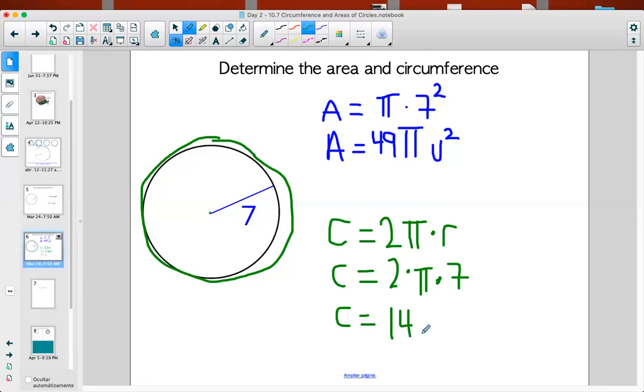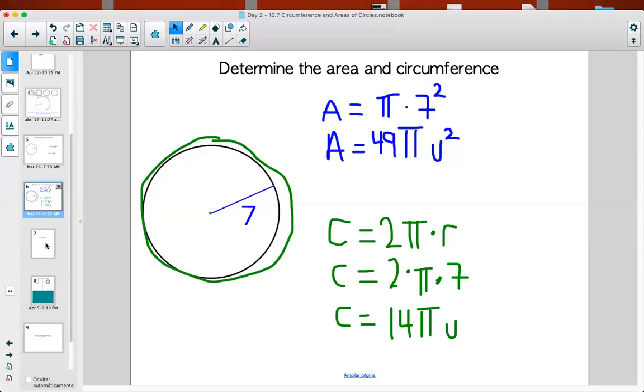Now here, because we have not found area, it's just going to be units. So not squared, just units. And that is what the area and circumference of this circle is. Okay, again, feel free to pause at any point. Feel free to rewind this video if you need more help.